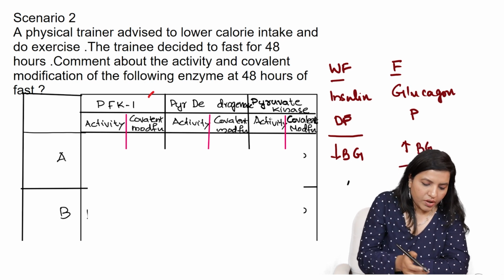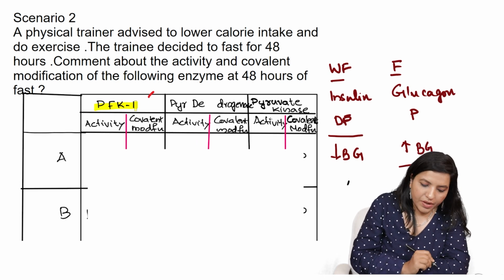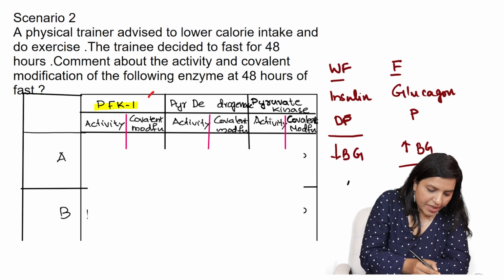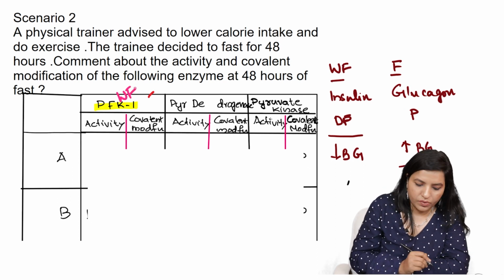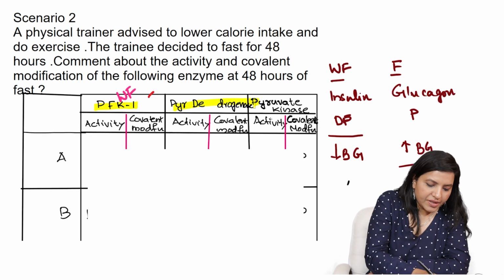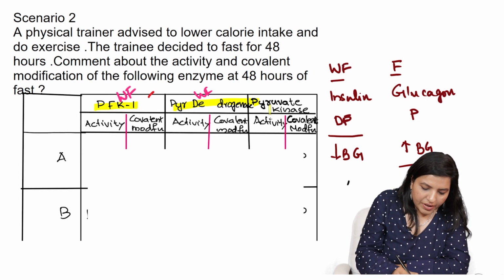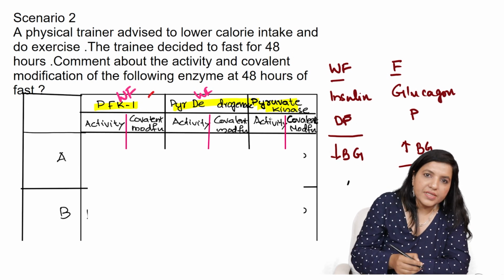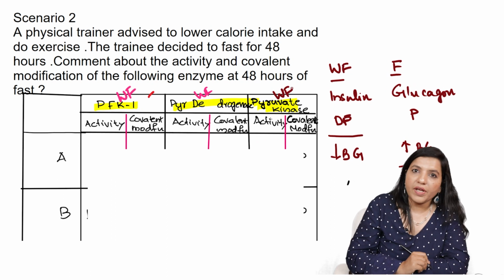Here we will see what options are given. First is PFK1. PFK1 is an enzyme active in the well fed state, because it is an enzyme of glycolysis. The second option is pyruvate dehydrogenase, again active in the well fed state. The third option is pyruvate kinase, that is also an enzyme in glycolysis, so that is also active in the well fed state.